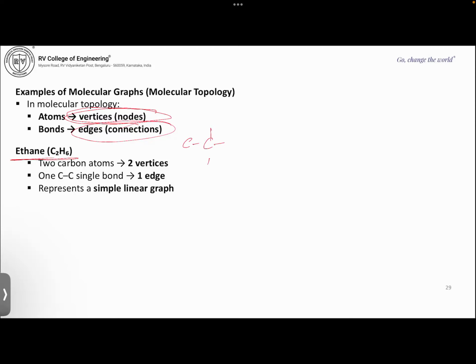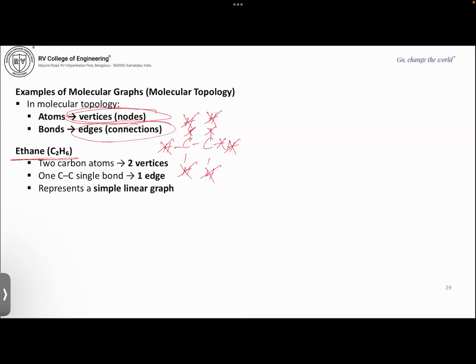This is the structure, CH3 and CH3. In molecular topology, all the hydrogen atoms are suppressed, so we don't consider the hydrogen atoms. That is the first thing. If we are not considering hydrogen atoms for the representation of the graph, then we will not be able to consider the C-H edges also.